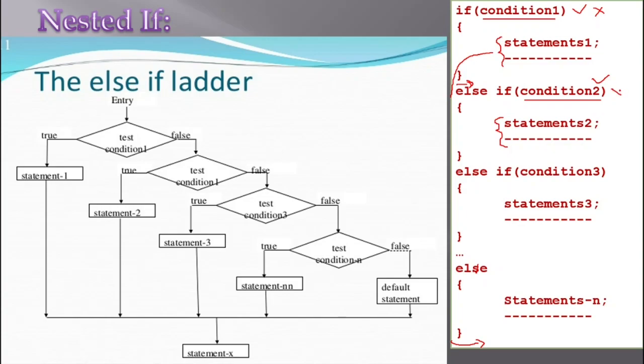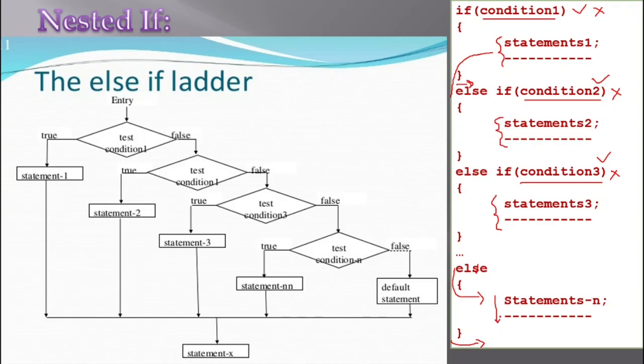Whenever this one is also false, the control comes to the next part, and if it is true, this will be run, and if it is false, it will go to condition 4. Likewise, it goes to each and every condition whenever the upper conditions fail. Take a scenario where all of my conditions fail, then the control will come to the else part. It is something like a default part: whenever all the conditions fail, it will come to this part, and this will be run.